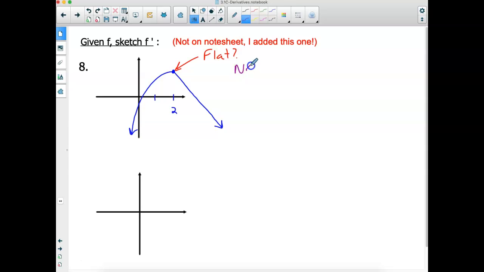And nope, it's not flat. There's an infinite number of tangents going on there. So what does that mean? What that means is, here at 2, my derivative does not exist.